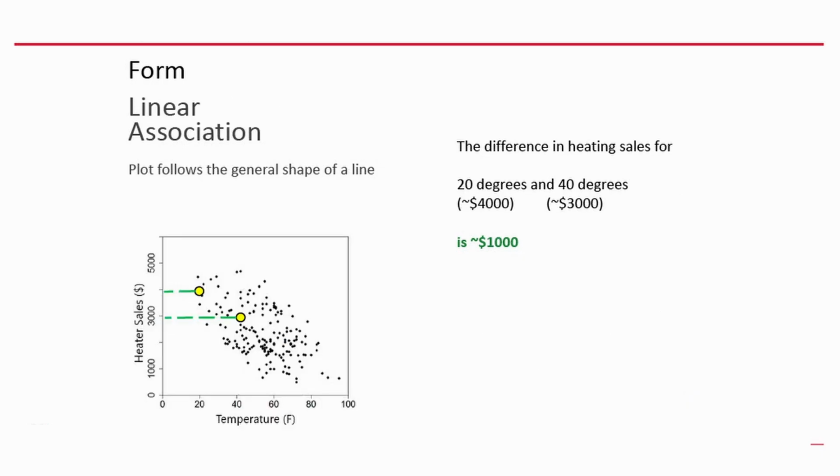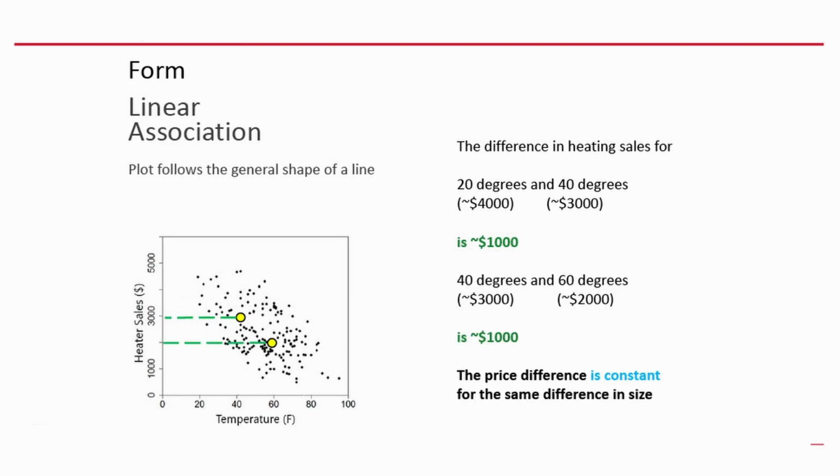On the other hand, this is a scatter plot of temperature in degrees Fahrenheit and the associated sales in heating. I picked 2 temperatures here, 20 degrees and 40 degrees, and their associated heating sales were 4,000 and 3,000. That is a difference of $1,000. Now I've picked 2 more temperatures, 40 and 60.